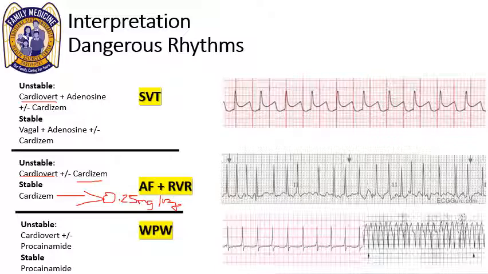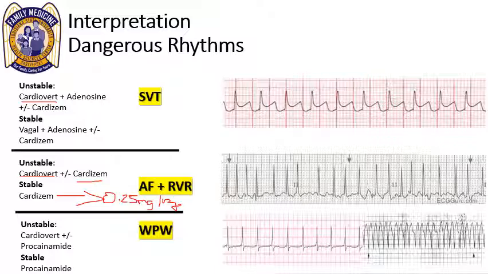Now, remember, there are rules about the amount of time that you would cardiovert somebody and whatnot. If they've been in the AFib longer than 48 hours, if you cardiovert them, then you could shake the tree and the auricle will loosen its clot and send it to the lungs, and now you have a PE. Or if it's on the left side, it's going to shake it and cause you to have a stroke.